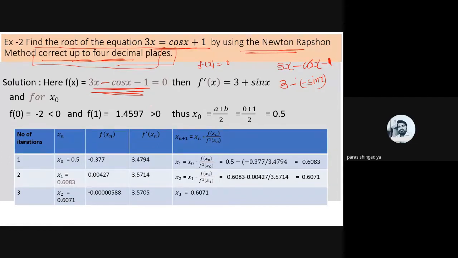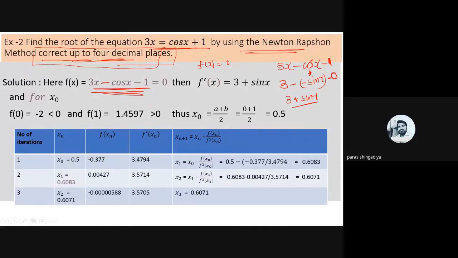The minus stays as it is and the derivative of cos is minus sin. And minus 1 will be 0, since it is a constant. So it will be 3 plus sin x. So f dash x will be 3 plus sin x. It is also required in this formula, therefore we have to derive this.